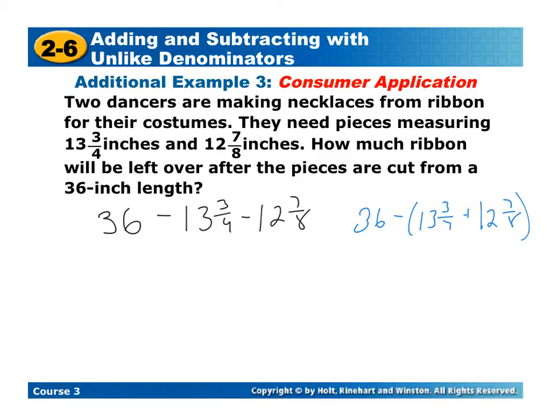So if I went the route of adding, I would have 3/4 times 2 times 2, so I would have 13 6/8 plus 12 7/8. 6/8 plus 7/8 is going to be 13/8, which is going to be 1 5/8.